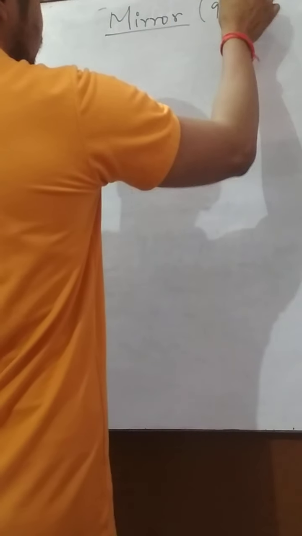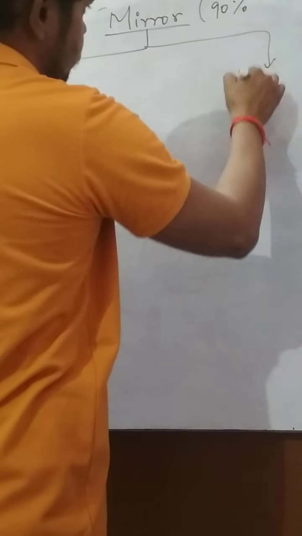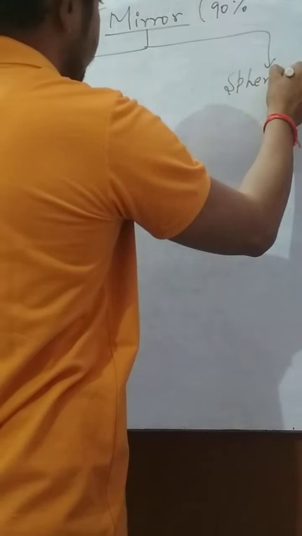Almost 90% of light is reflected by mirrors. There are two types of mirrors: plane mirror and spherical mirror.